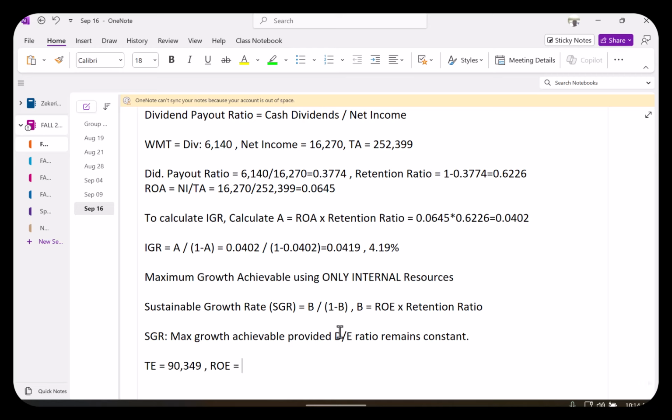That means their ROE is net income over total equity, which is 18.01%. As you can see, ROE for Walmart is much higher than compared to ROA. Why is that? Leverage.